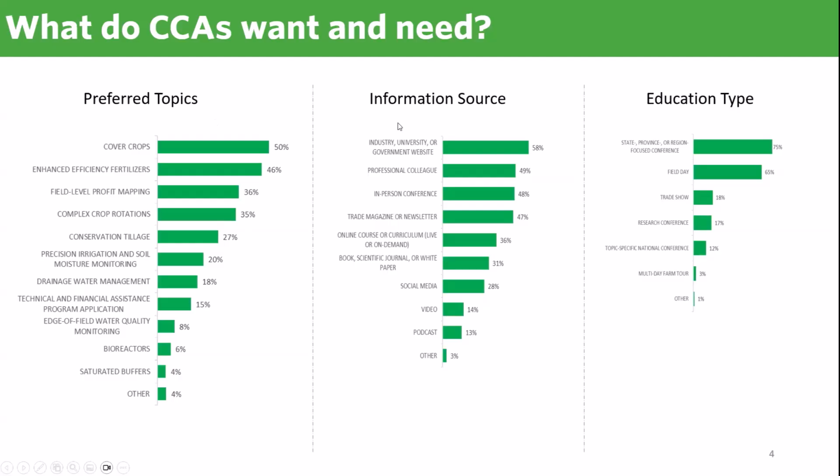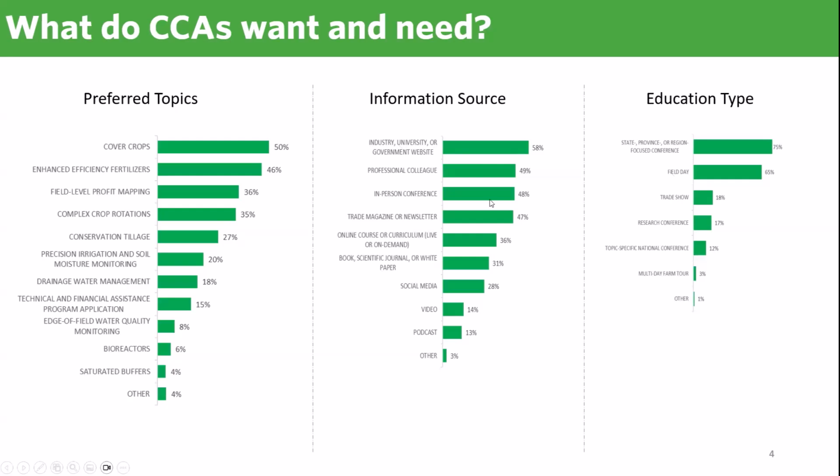We also learned that when they look for a source of information, CCAs and farm advisors are very focused on learning from the industry, university, also from professional colleagues, conferences as well. And how they want to learn is through state-provided trainings like this one or conferences. So that's how they are learning.